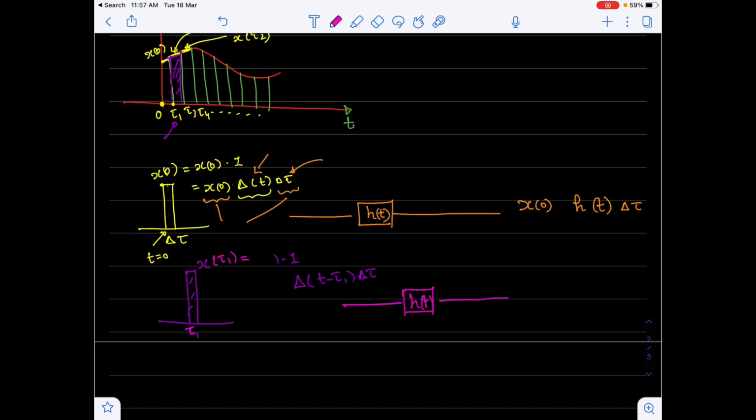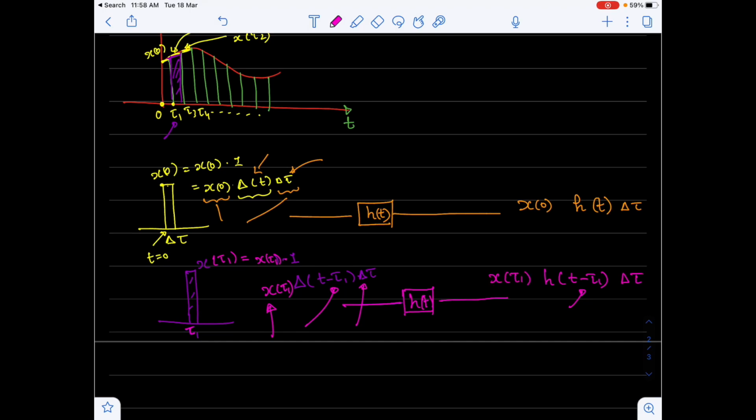So this is x(tau 1) into 1, and for this input the output will be h(t minus tau 1). Why? Because the input is shifted by tau 1 units, so the output also will be shifted by tau 1 units, because the system is a time invariant system.